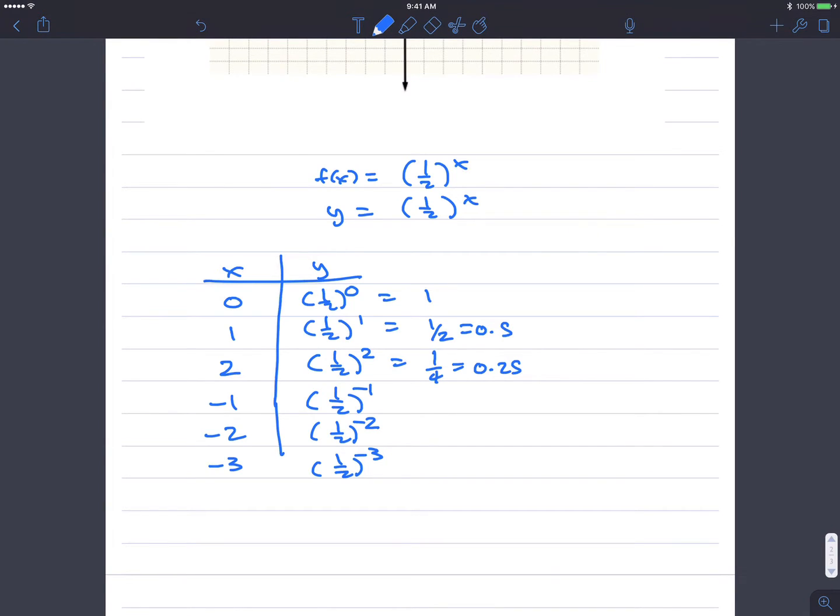Isn't that 1 over 1/2? Which is 1 divided by 1/2, which is 1 times 2, which is 2. You guys okay with that? That's 2.